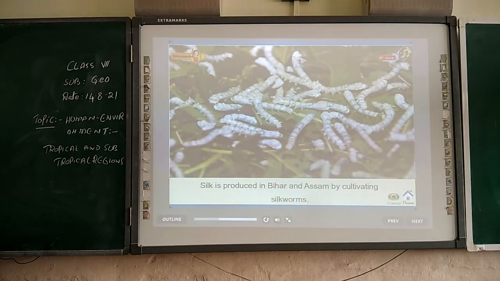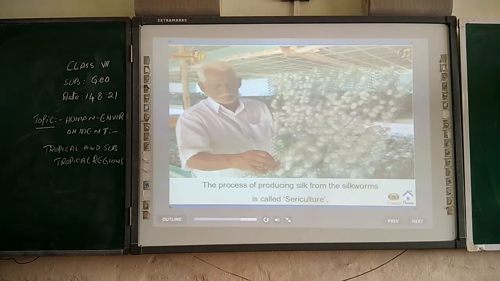Silk is produced in Bihar and Assam by cultivating silkworms. Silk can also be considered a fiber crop. The process of producing silk from silkworms is called sericulture.